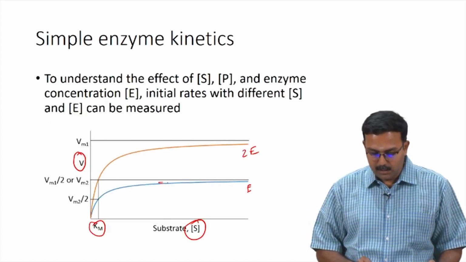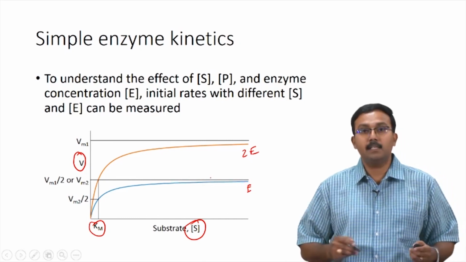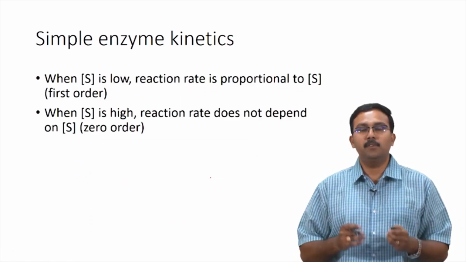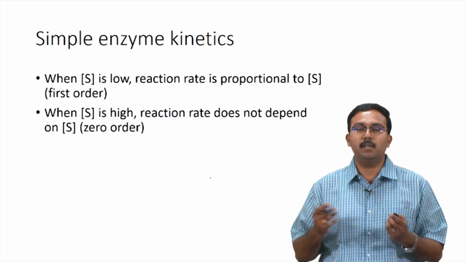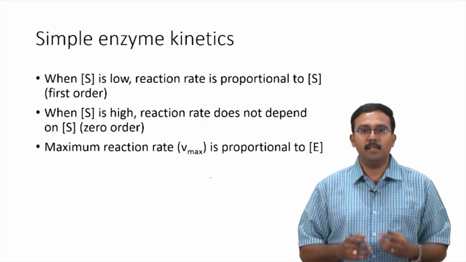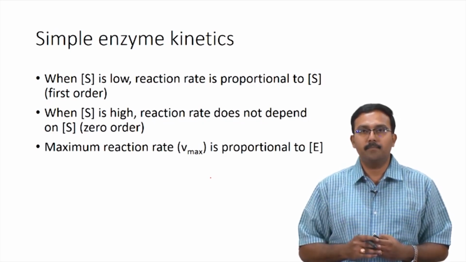The reaction rate has not changed significantly, although the substrate concentration has been increasing tremendously. This is because it follows a zero order reaction when the substrate is in excess. And you also see that the maximum reaction rate Vmax or Vm is proportional to the enzyme concentration.